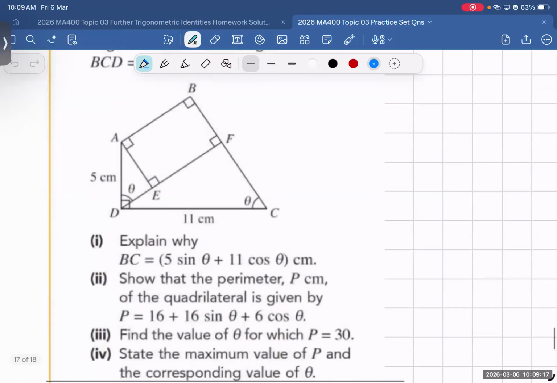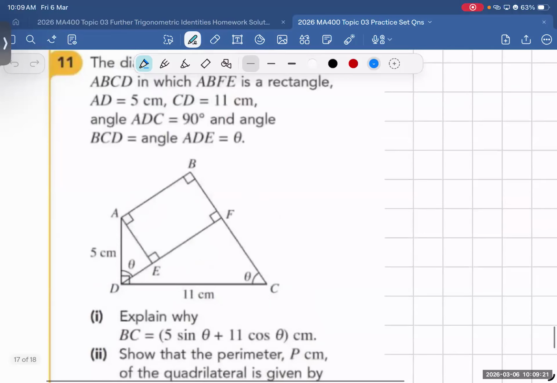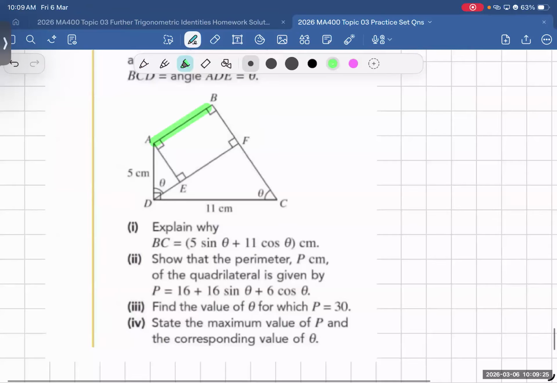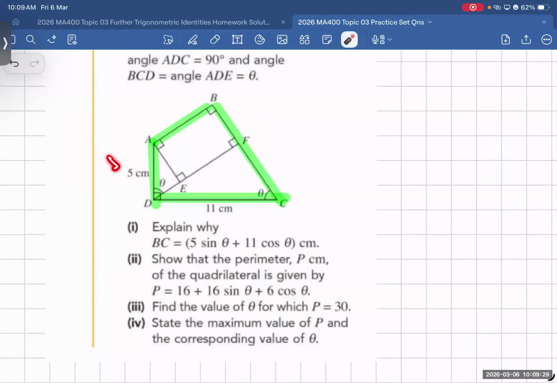You look at the quadrilateral ABCD. It looks like that, right? So this is 5, this is 11.